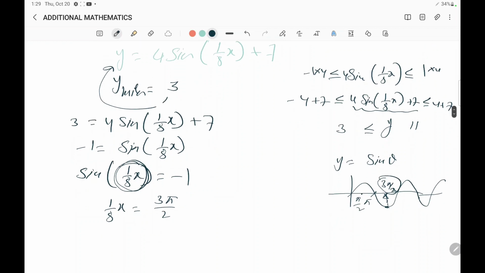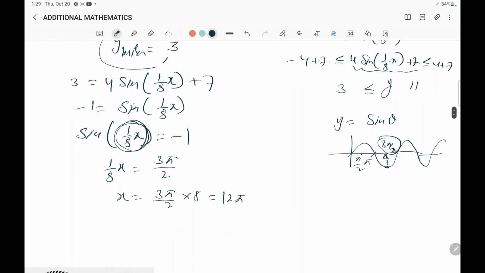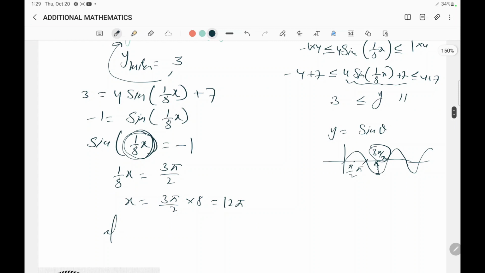Understood? Now, if you solve further, this is 3 pi by 2 times 8, which is 12 pi. Okay, so for this particular question, if x equals 12 pi, then y equals 3, and of course this y is minimum.